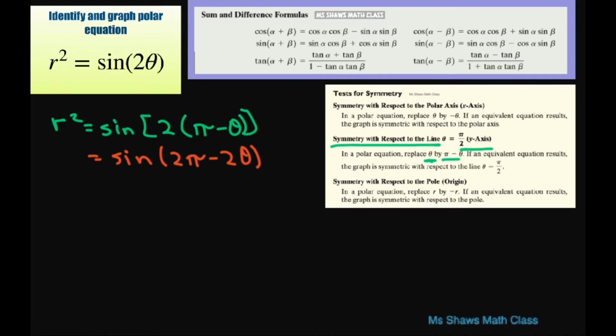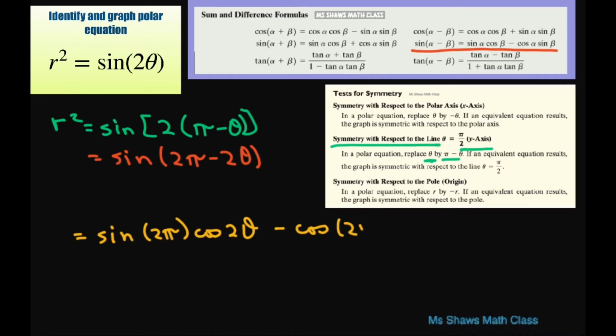Now let's use our difference formula for sine and go ahead and expand this as equals sine of 2 pi times cosine of 2 theta minus cosine of 2 pi times sine of 2 theta.